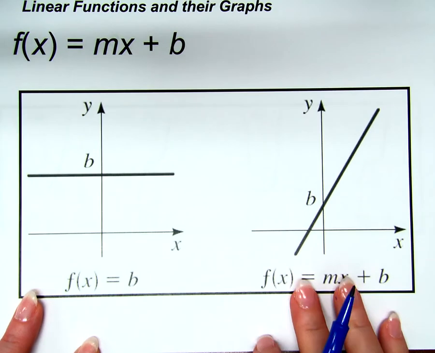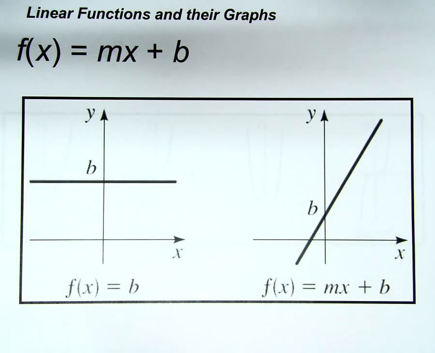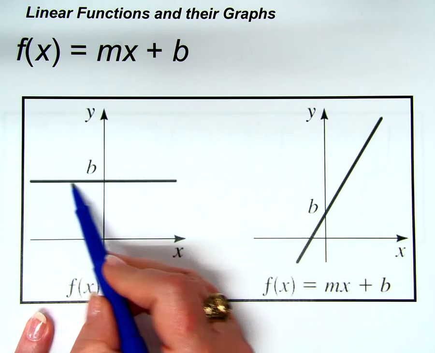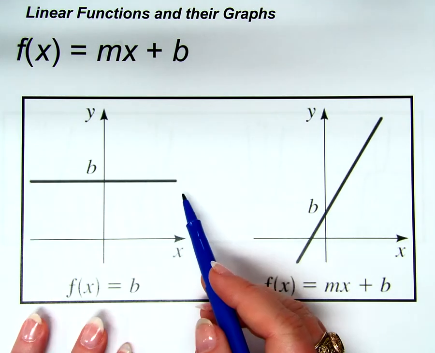All right, linear functions and their graphs. f of x equals mx plus b. y equals mx plus b. We've talked about that several times already this semester. Okay? We know that if it's just f of x or just y equaling a constant number, I know that's a constant line. A horizontal line goes straight across the page.